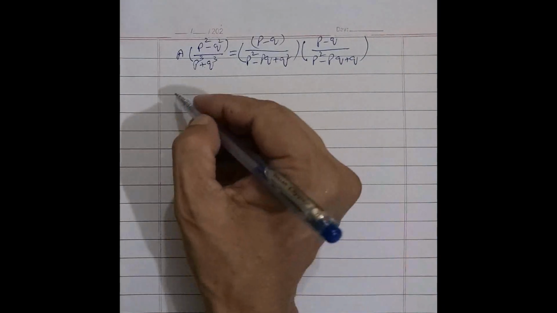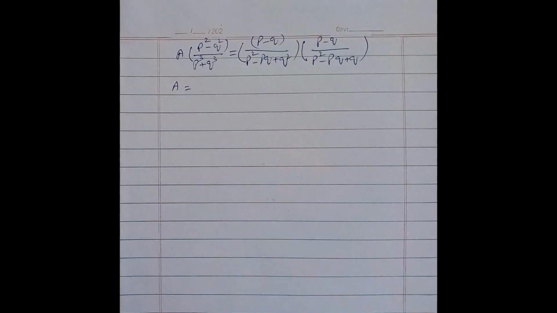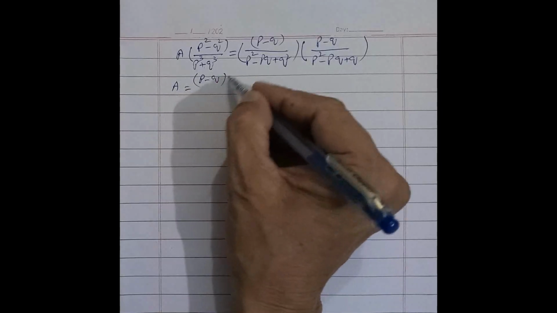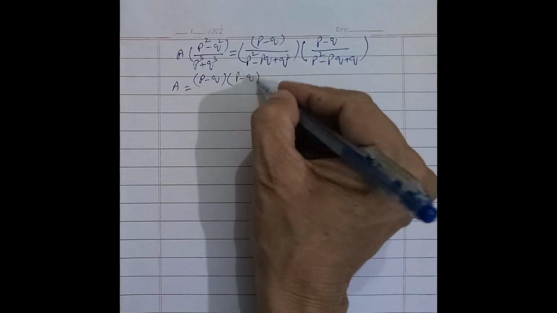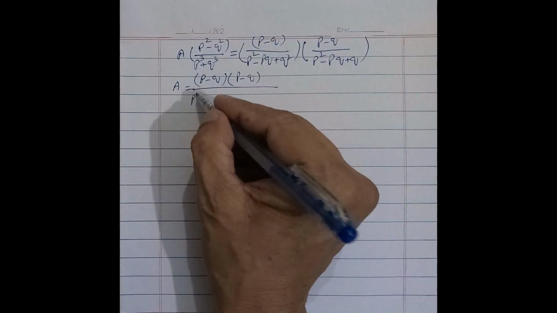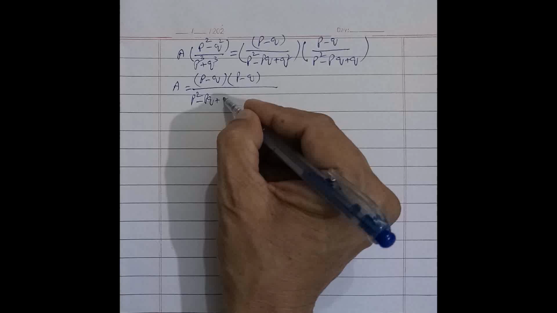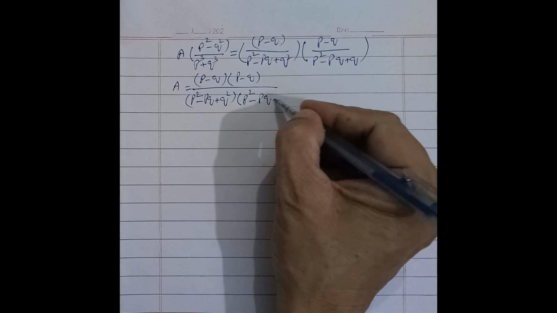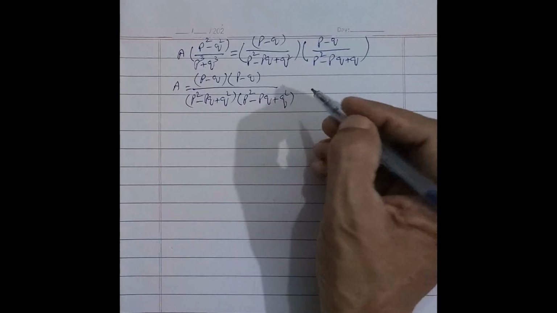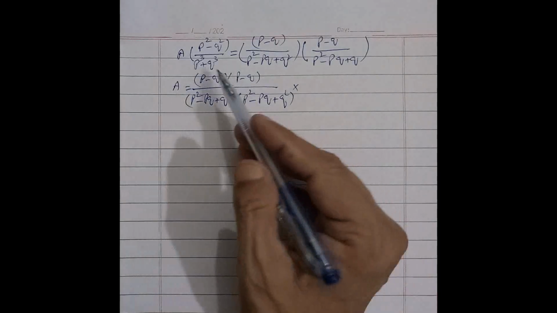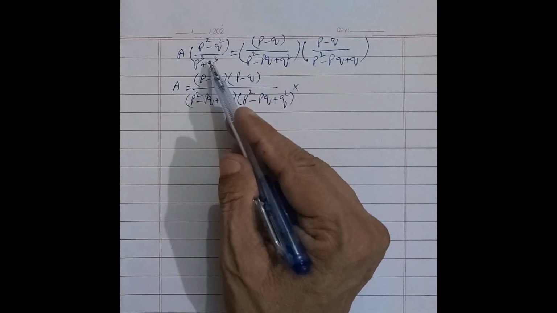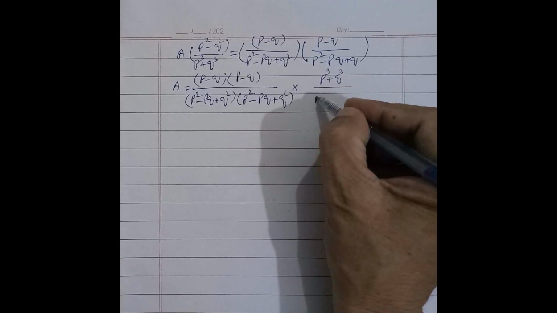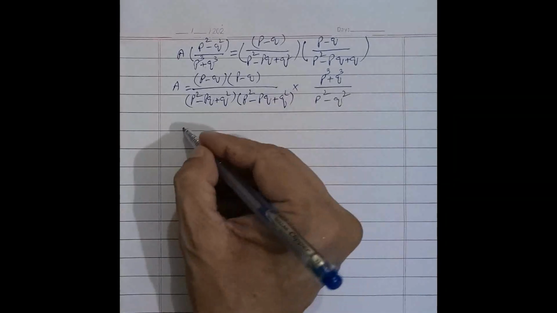And for the value of a, we have (p − q) into (p − q) over (p² − pq + q²) into (p² − pq + q²), multiply, and we multiply this by the reciprocal of these values, which is (p³ + q³) over (p² − q²).